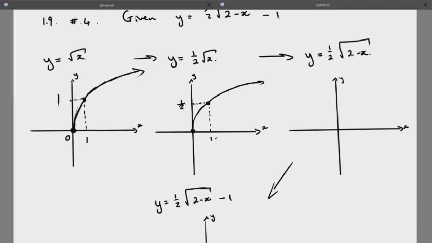Now I want to match the graph to eventually give me my graph in the end. What do I do to the graph? Well, what did I do to the function? Because the function changed first, and the change in the graph is a result of that function. What did I do to the function to go from that middle one to the right one?